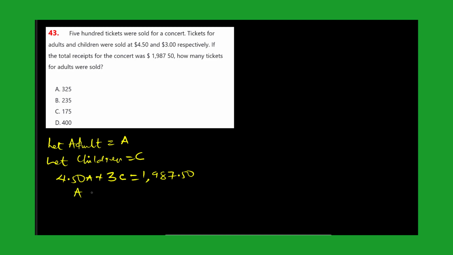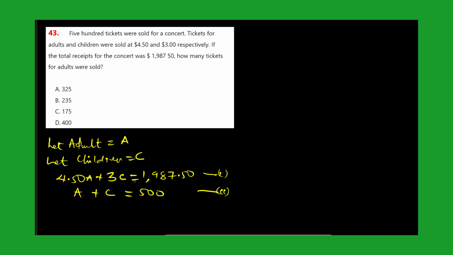Then the total tickets for both adults and children sold is 500. So this question will lead us to two equations. We are going to solve these two equations simultaneously. This is equation 1. This is equation 2.